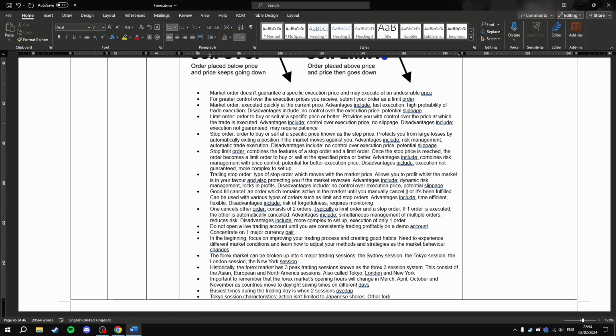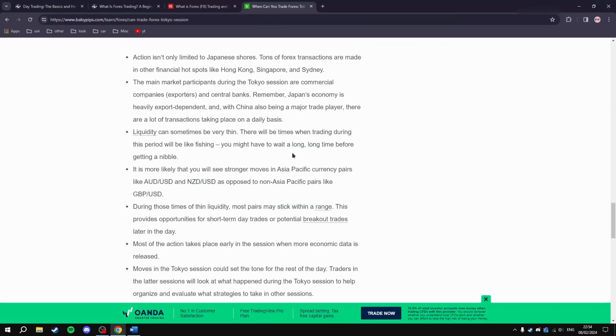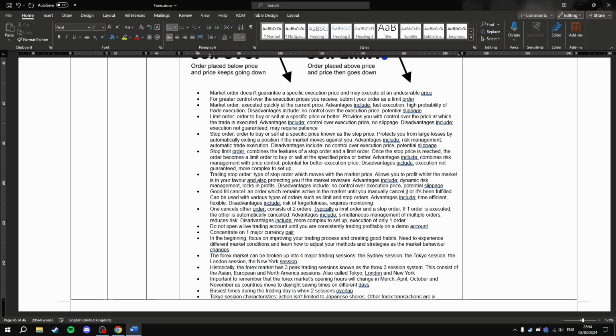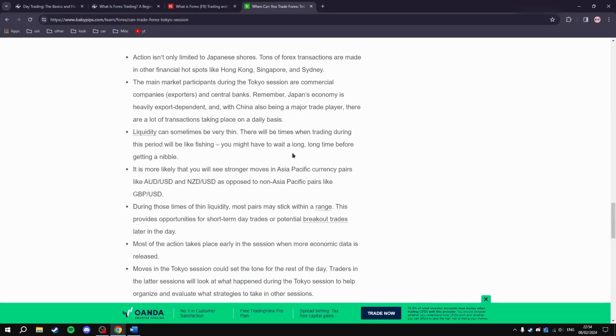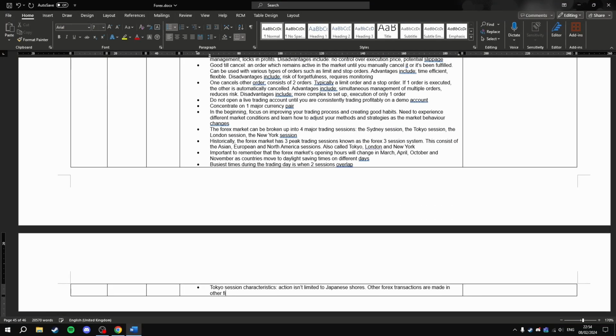Other Forex transactions are made in other financial hotspots such as Hong Kong, Singapore, Sydney.